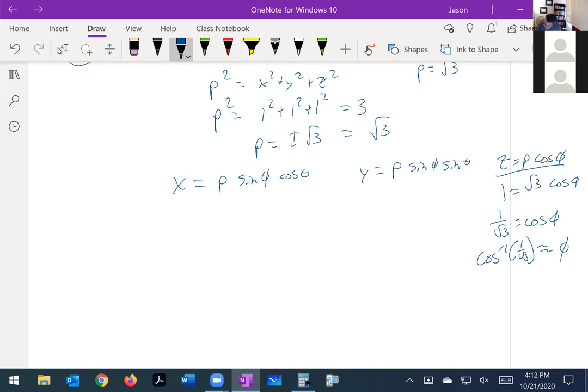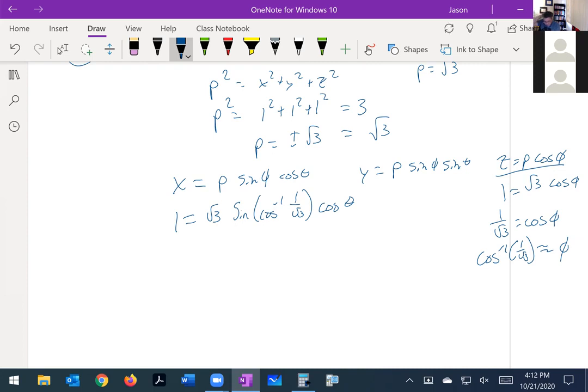So now what can we figure out? Well, we could solve for theta. x is 1. What's rho? Rho is radical 3. The sine of phi would be the sine of the inverse cosine of 1 over radical 3, and then this would be the cosine of theta.